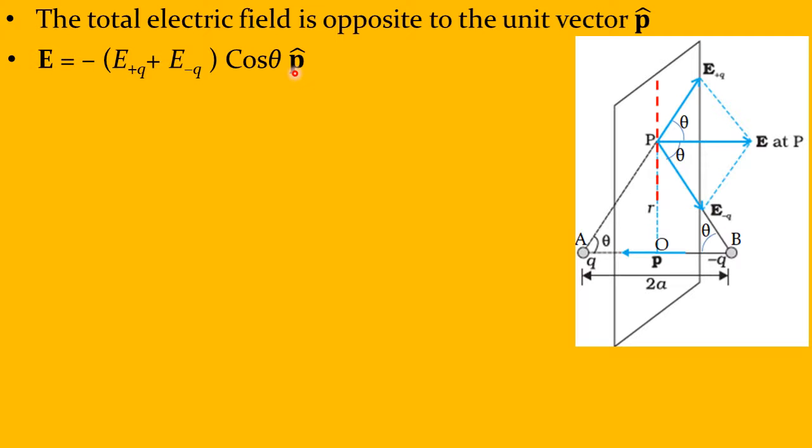So what is the total field? Total field E is given by minus, I explained to you the reason, the field E due to the charge Q and the field E due to the charge minus Q and cos theta and P hat. Why cos theta? Because we are only taking the components which are in this direction and ignoring the normal components which have cancelled out each other.